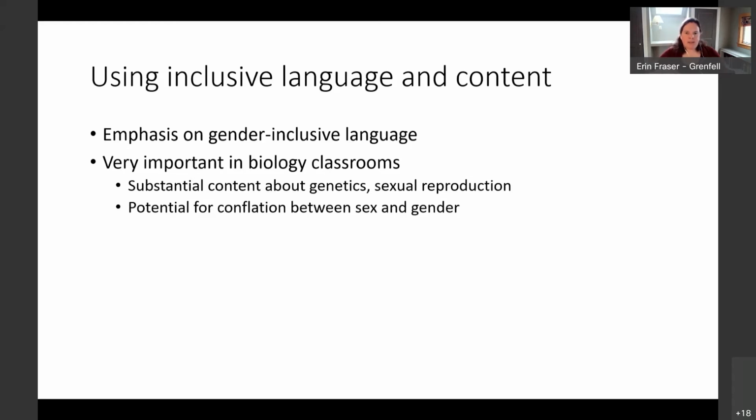In some of the resources that we read, the terminology that I came across was that in teaching biology, we need to really think about separating the sperm-egg dichotomy from gender identity.